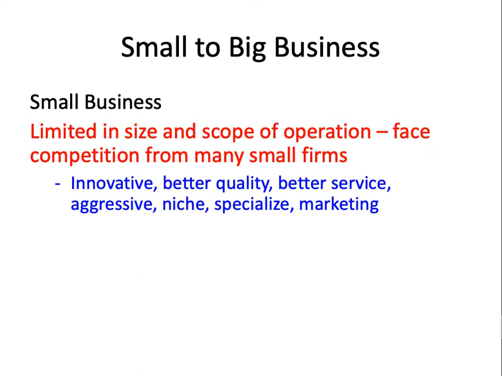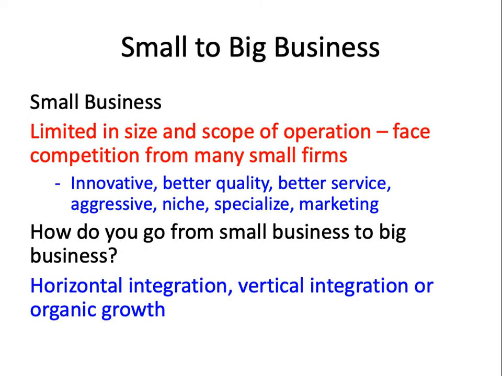Going into medium-sized businesses, going into big businesses. And so we're going to look at that transition from small business to big business, and maybe how it works, why we may want to do it, and what's the best way perhaps to do it depending on which situation you're in. So how do we go from small to big?